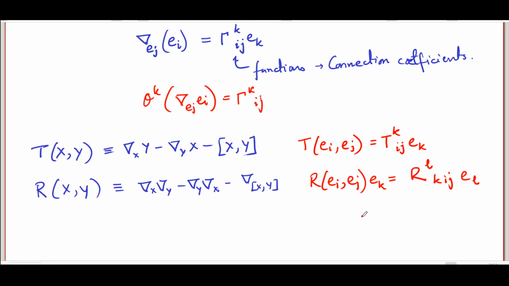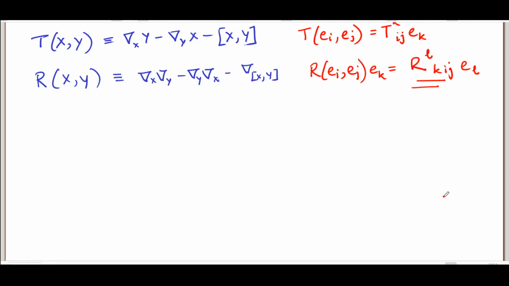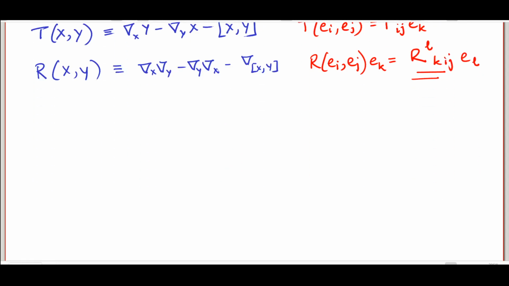Our job here is to try to calculate R^l_kij, not for any connection whatsoever, but for a specific kind of connection, the so-called metric connection, which are the ones which are really going to be important, at least as far as GR is concerned.